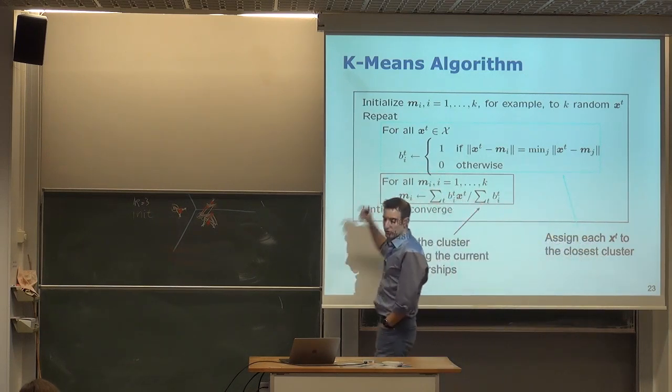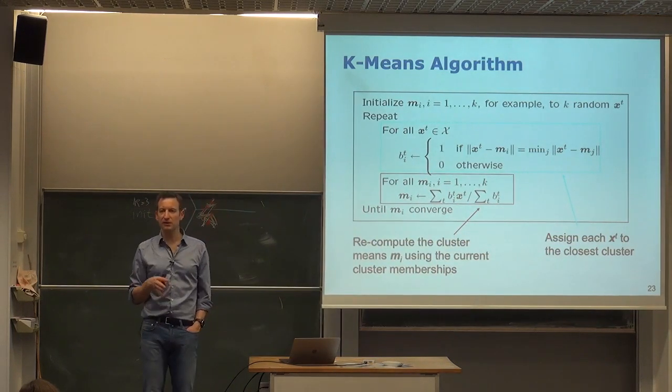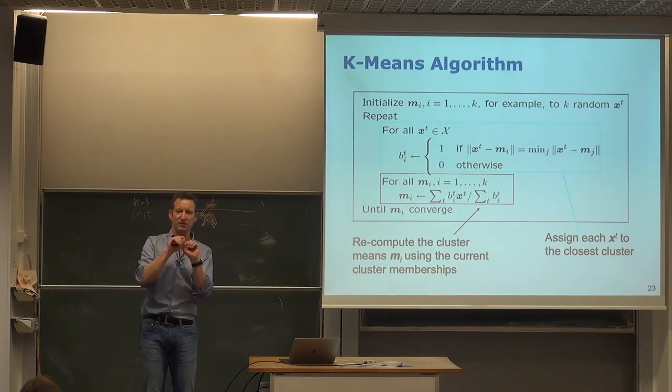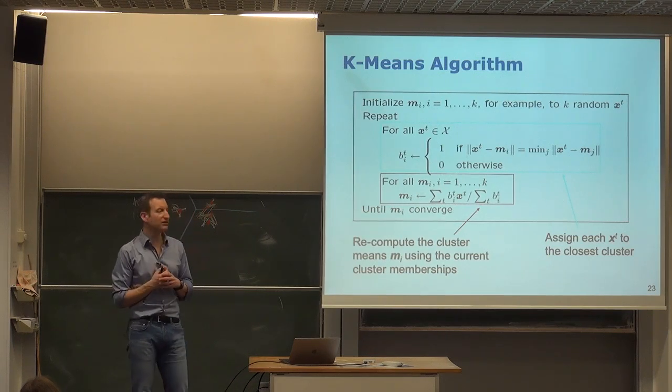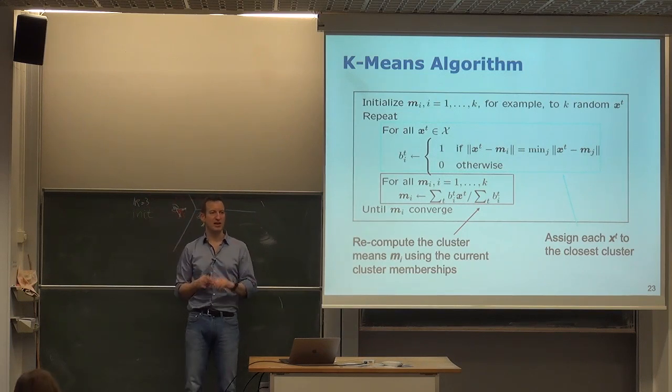Still, the question is what does convergence mean? It's not necessarily trivial to specify, especially if you have a large number of data points and you can run into numerical issues, where based on rounding, points may jump in their assignment. But at least from a mathematical point of view, as soon as the assignment doesn't change anymore, you're sure you're done.